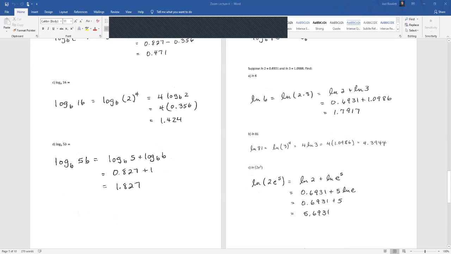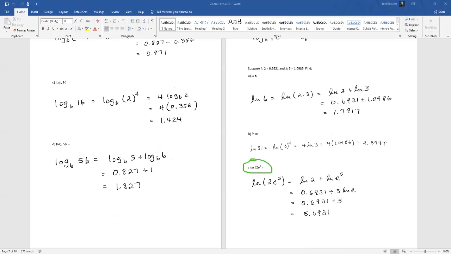And part C. We have the natural log of 2e to the power of 5. And of course, we have a product, right? This is 2 times e to the power of 5, which means I can write the natural log of this product as the sum of the two logs.